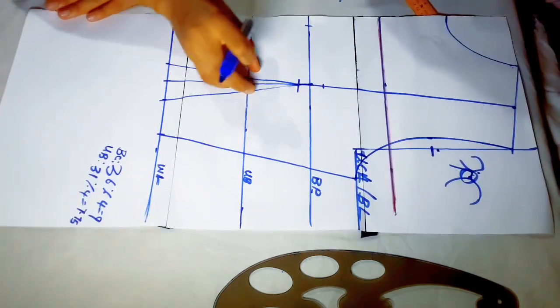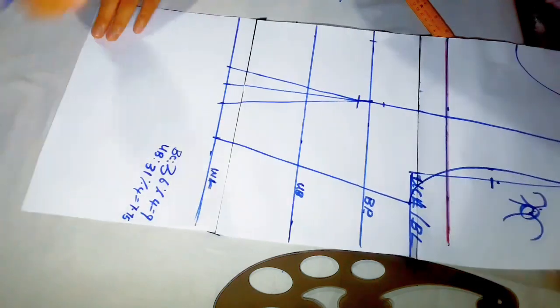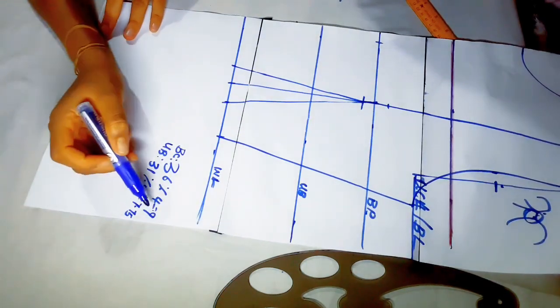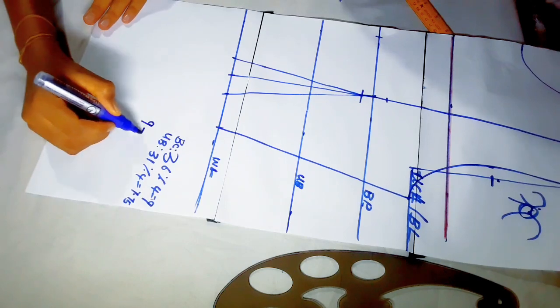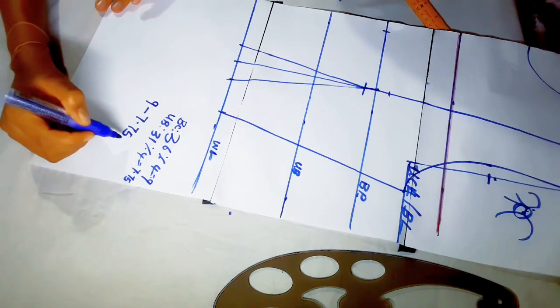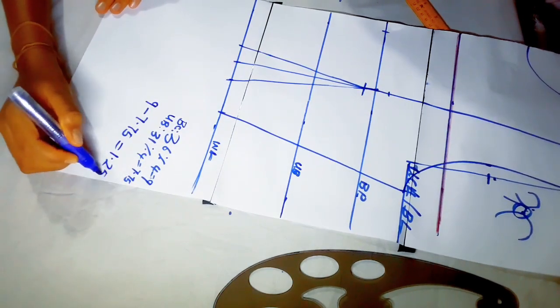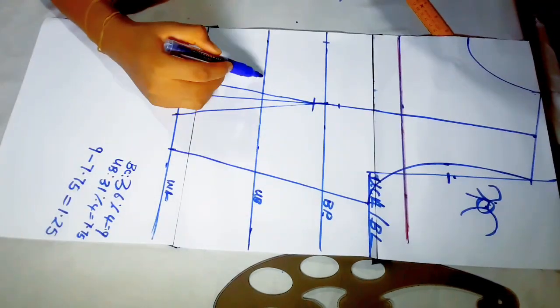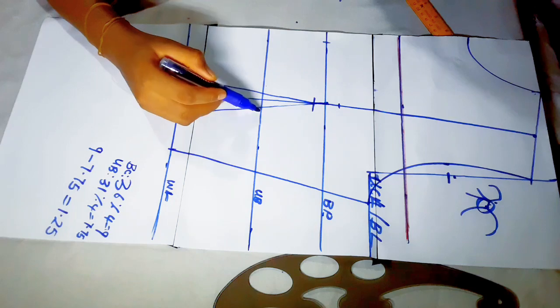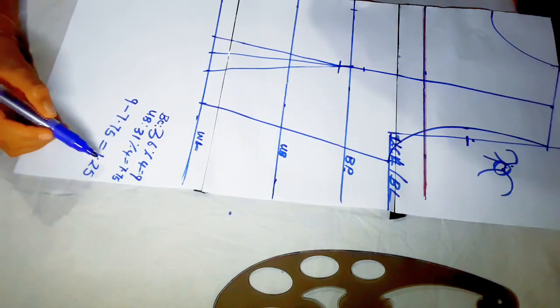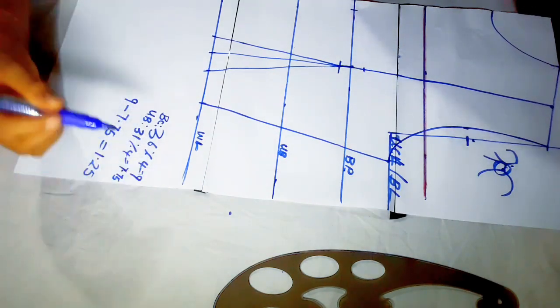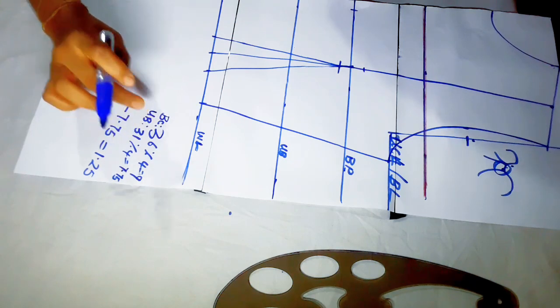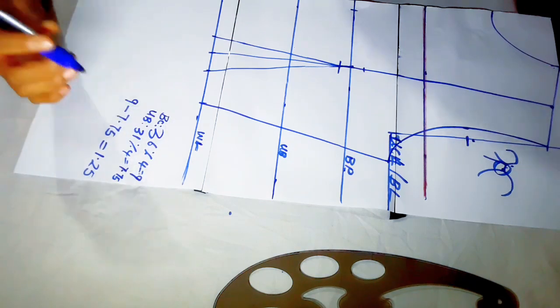To make this tightening, I'm going to find the difference between 9 and 7.75. That is 9 minus 7.75, and I am left with 1.25. I'm going to distribute this 1.25 on both sides. I got 1.25 from finding the difference of the two quarters of the bust circumference and under bust. I don't know if you get that.